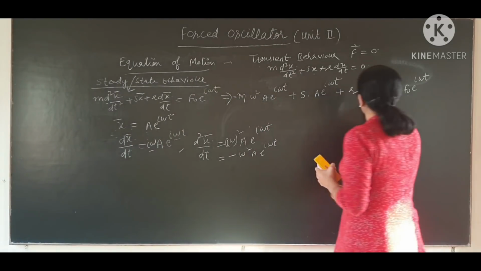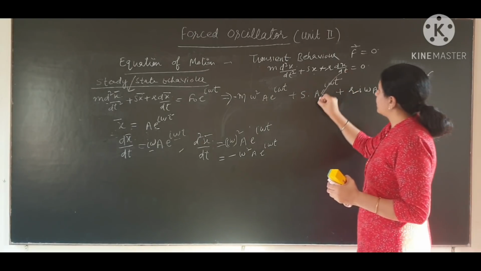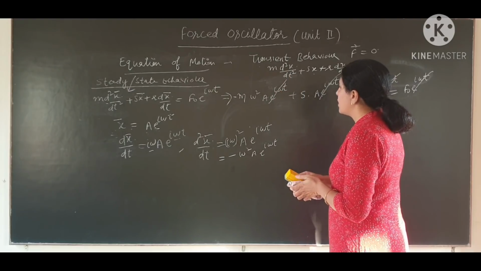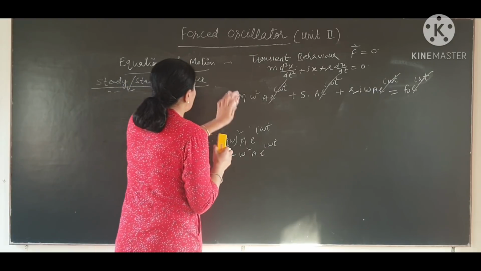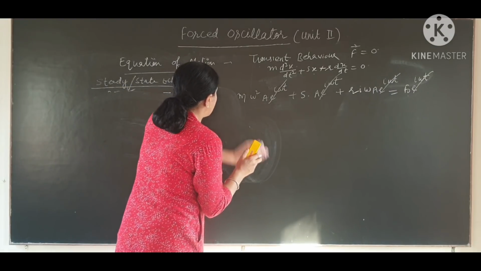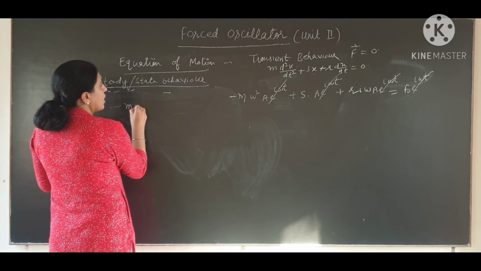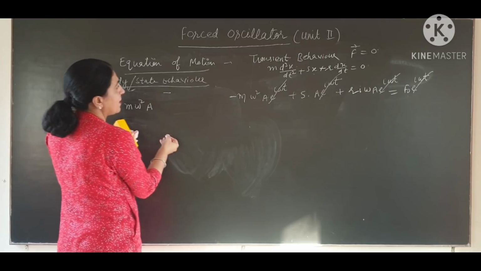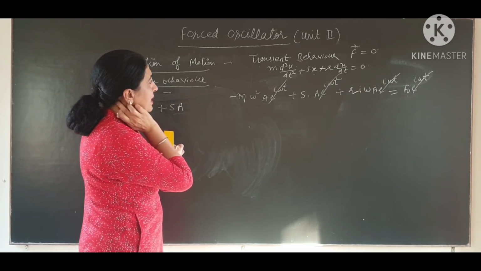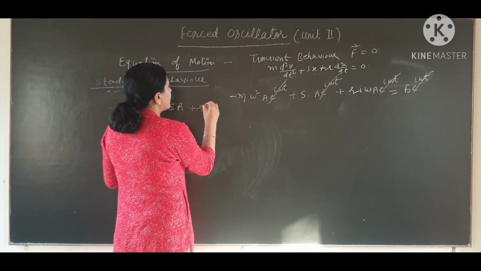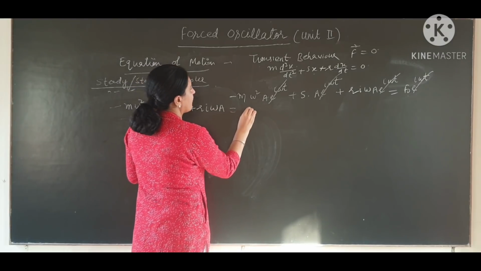Now e raised to power iota omega t is common, so cancel out this e raised to power iota omega t. What is remaining? Minus m omega square a plus s a plus r iota omega a is equal to f naught.